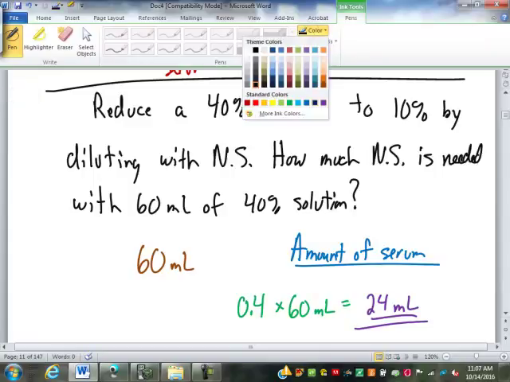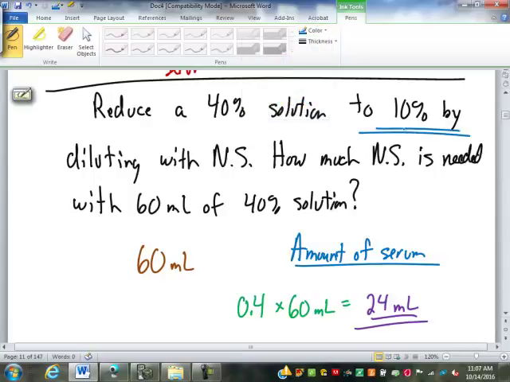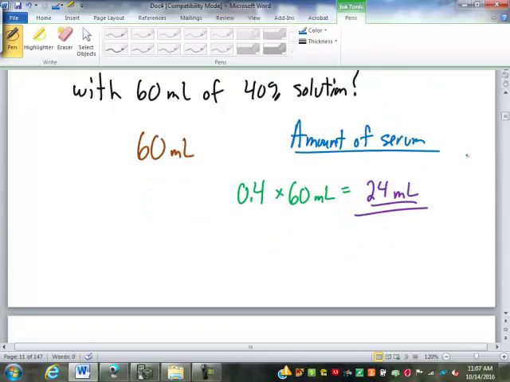We want to reduce this now to 10%. Because we put this 60 milliliters of 40% into this, we're still going to have 24 milliliters of active ingredient. That cannot change. What's changing is our concentration is now 10%.